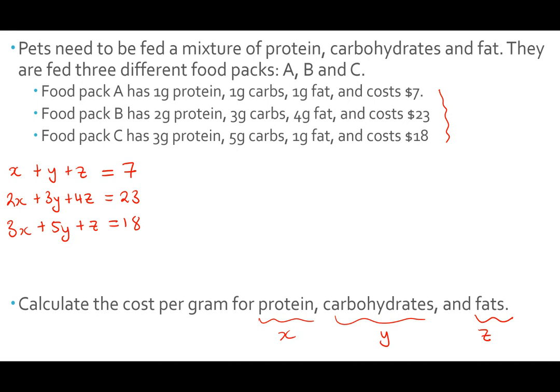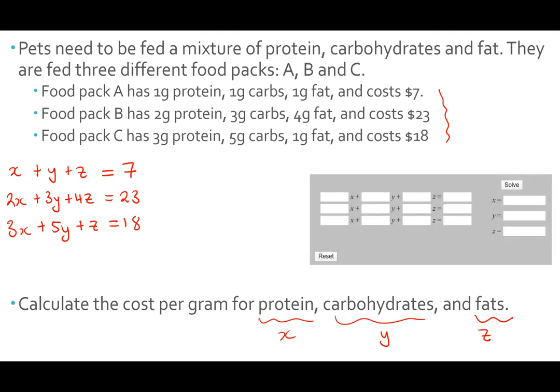So I have my three equations now, so I can put them into our system solver, which you can find on the website. And hopefully this will give me a value for x, y, and z. Over here, we can put the coefficients, that's the numbers in front of the variables or unknowns. I can put them in this array and it will solve it for me. Notice that with some of these terms, it doesn't look like I have a coefficient.